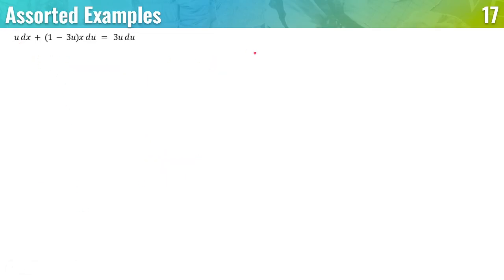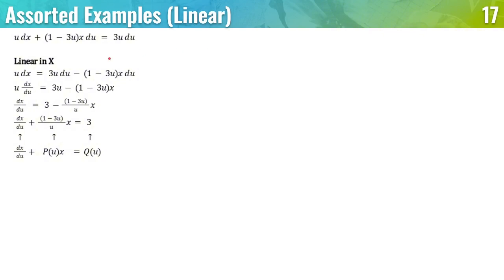So let's test now if it's linear. First we check if it's linear in x or in u. According to my calculations, it seems to be linear in x. So what we have to do here is, again, move this to the other side.